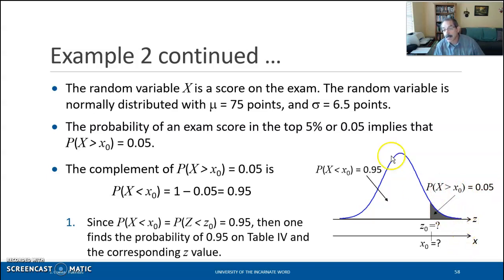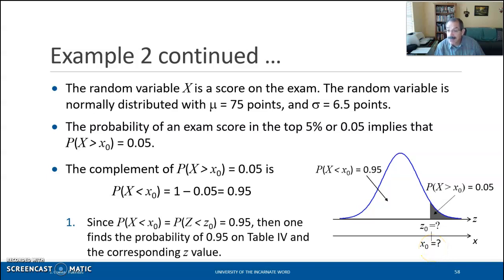Since the total area under the curve is 1, the complement of this event is the probability of 0.95, that the random variable is less than some value x sub 0, which is the same value we're looking for.